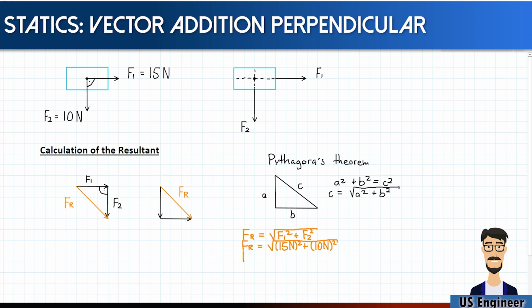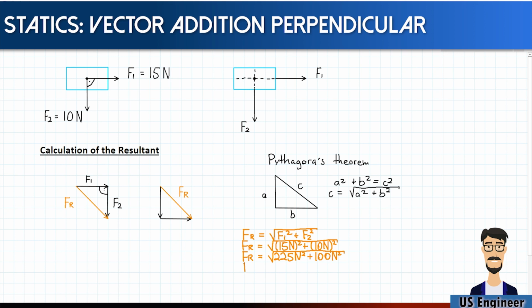And that's equal to FR is equal to the square root of 225 Newton squared. Now remember, since we squared both the number and the unit, we have a Newton squared here, plus 100 Newton squared. Okay?